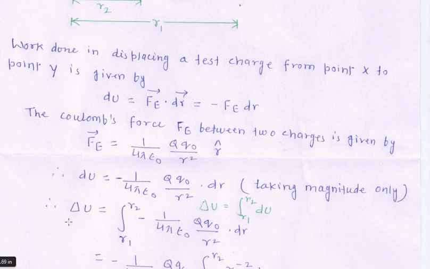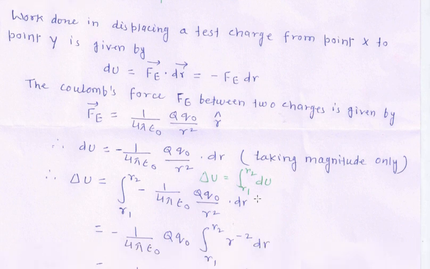So delta U, the work done in shifting the charge from point A to point B, is the integration from R1 to R2 of minus 1 upon 4 pi epsilon 0 Q Q0 upon R square into dr, which comes from delta U equals integration of dU from R1 to R2.